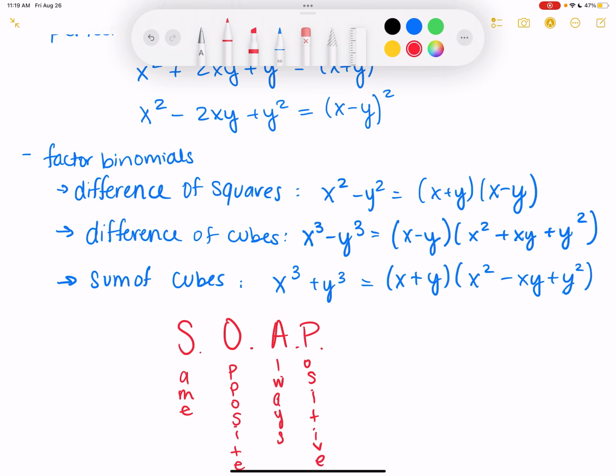So what that means is whatever you start with, this first parentheses is the same sign. The second sign is the opposite sign. So whatever you started with, it's opposite. And then the last one is always positive.